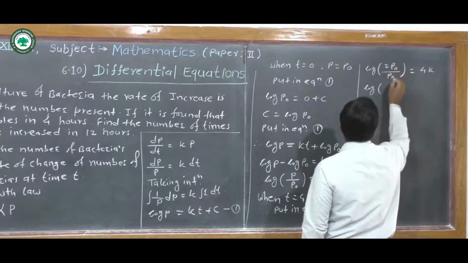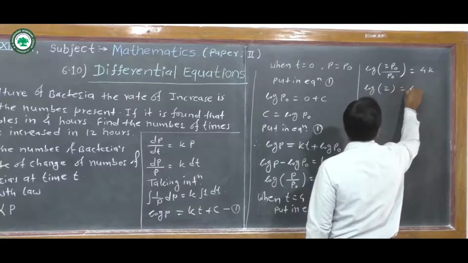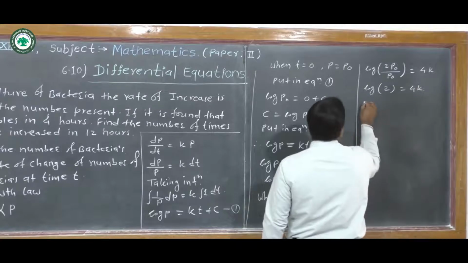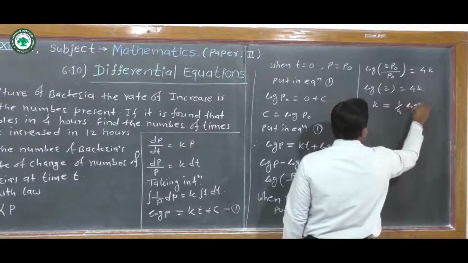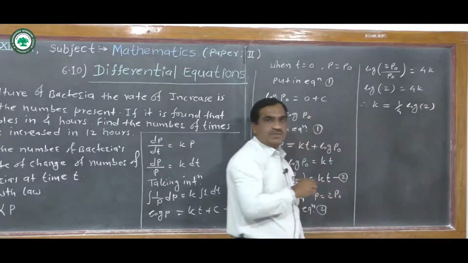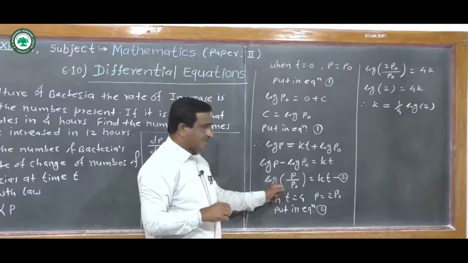P0 upon P0 cancels out, remains only log 2 equal to 4K. Therefore, K is equal to 1 upon 4 into log 2.